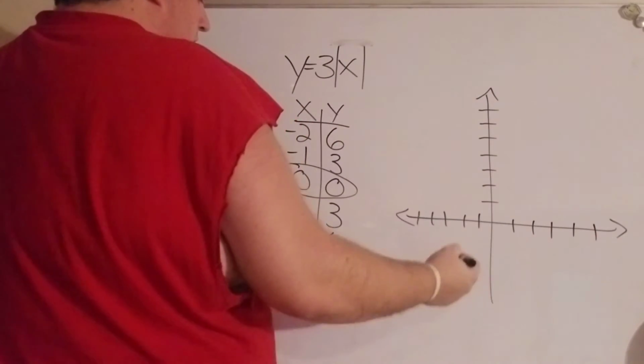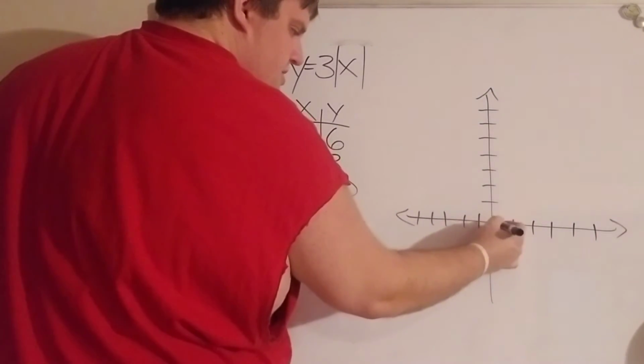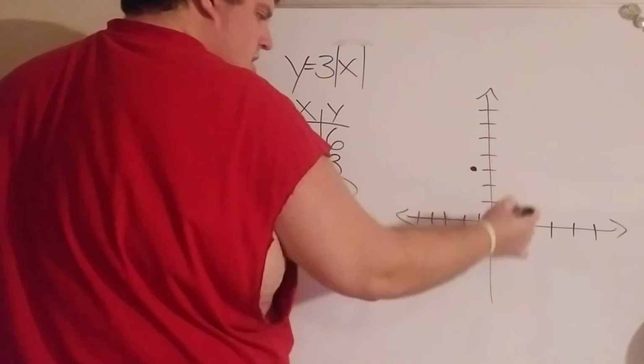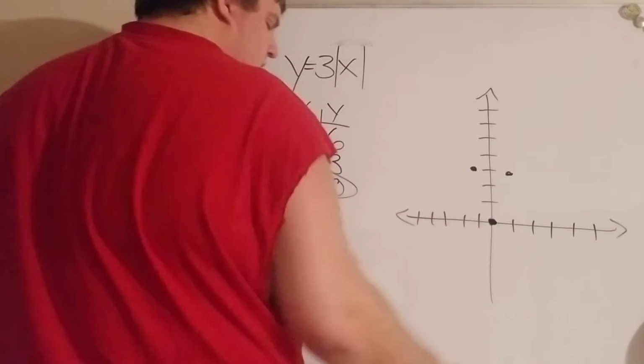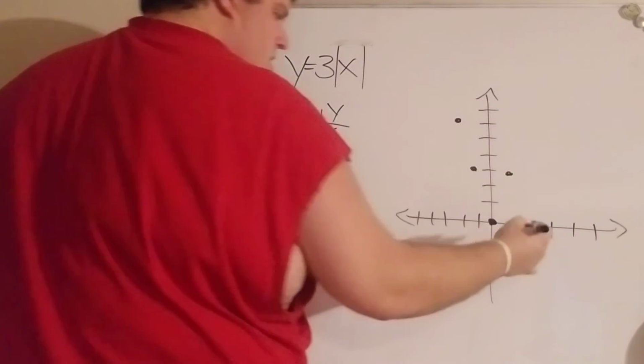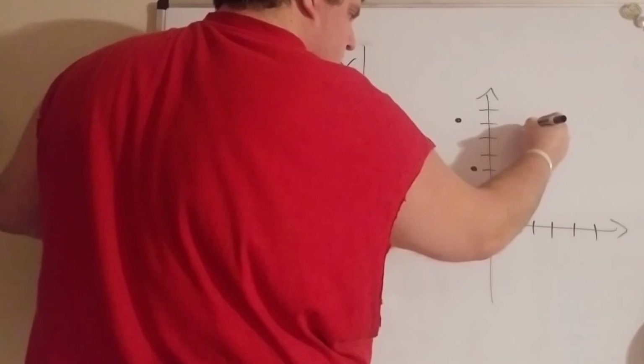That's good enough. My vertex is here at 0, 0. I have the point -1, 3, and 1, 3. And I have the point -2, 6, and +2, 6.